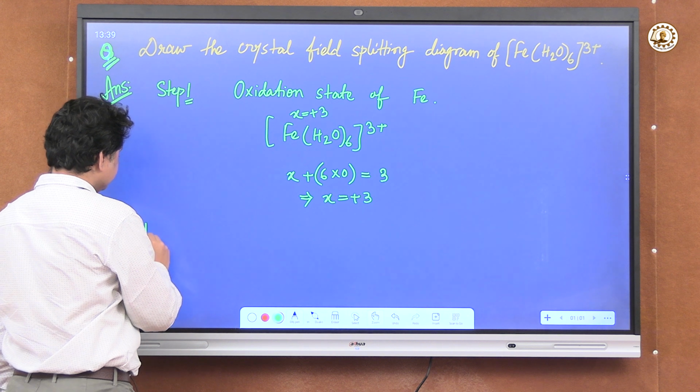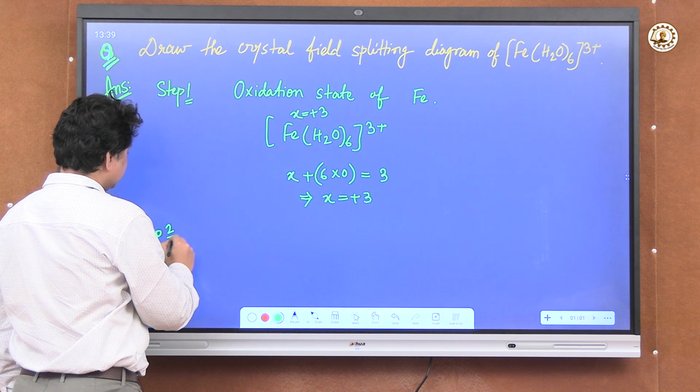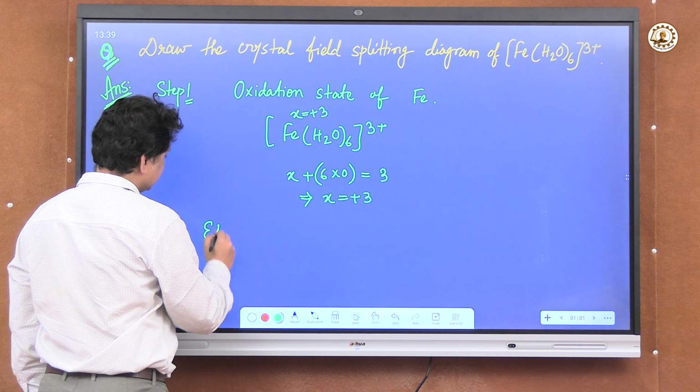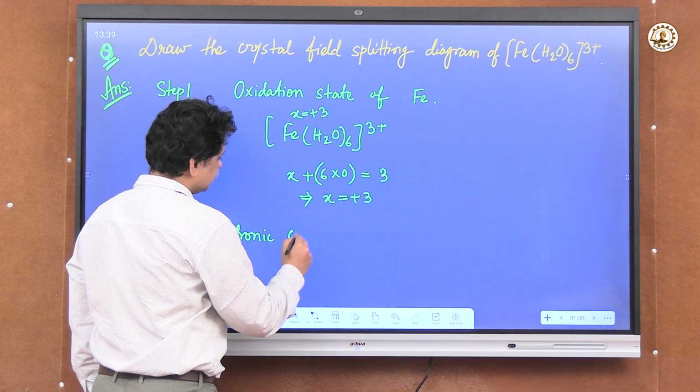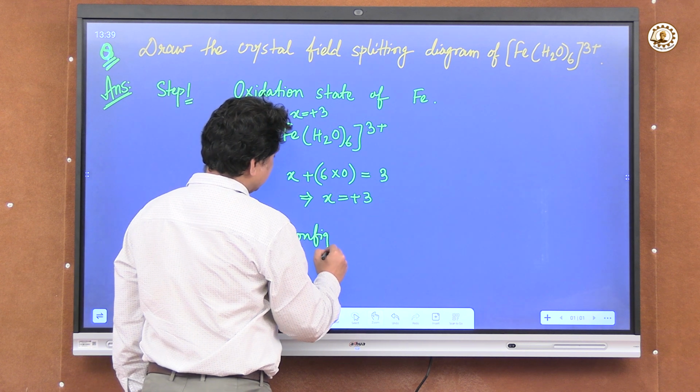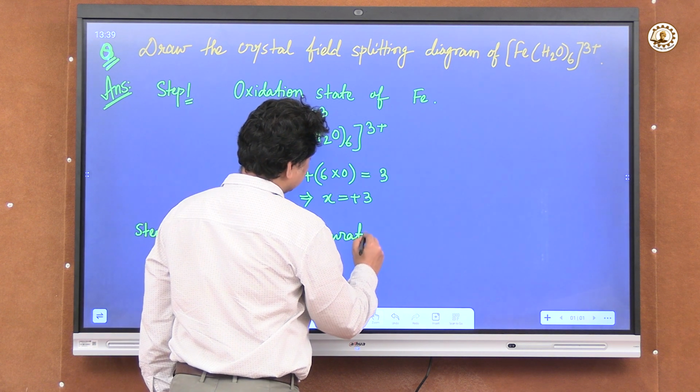Step 2, what do we do? We find out the general electronic configuration of the central metal. Here the central metal is Fe3+.